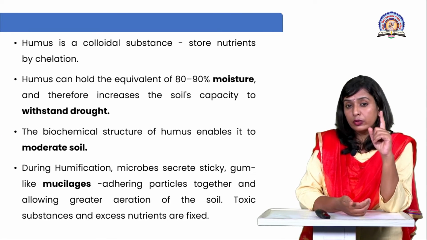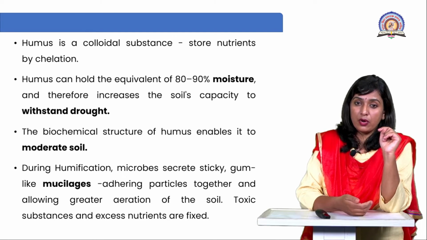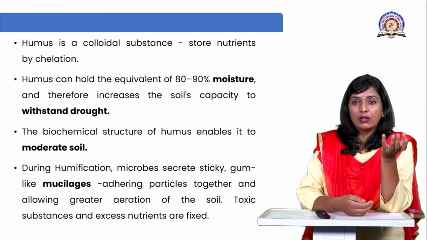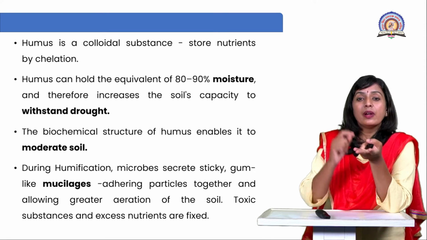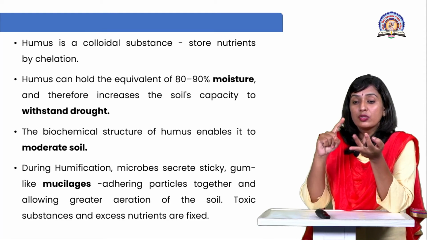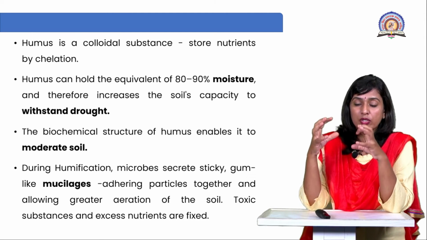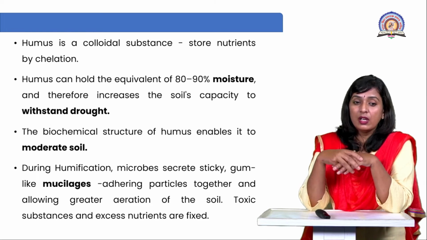Along with that, it also helps in withstanding drought. जेव्हा पाणी कमी असेल किंवा मग कोरडं वातावरण असेल त्यावेळेस काय होणार आहे की हे ह्युमस सॉइलला जास्त ड्राय होऊ देणार नाही, राईट? It will help to maintain the moisture, it prevents the drought condition, right?